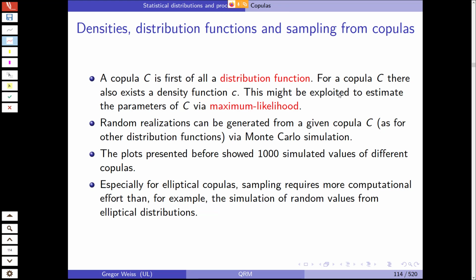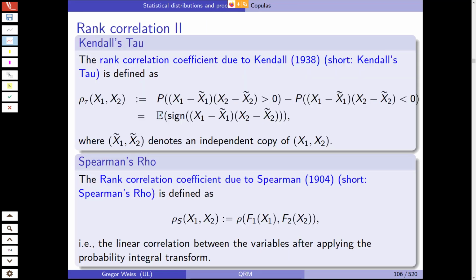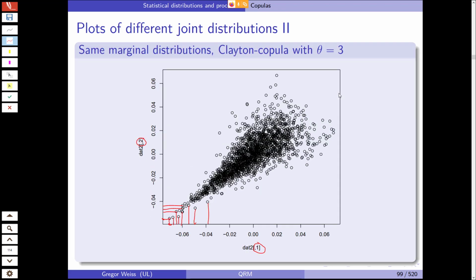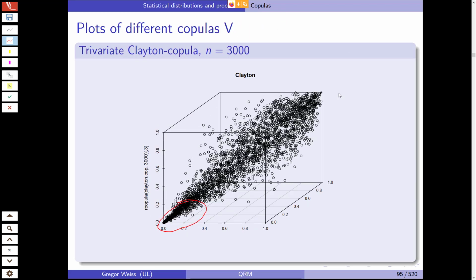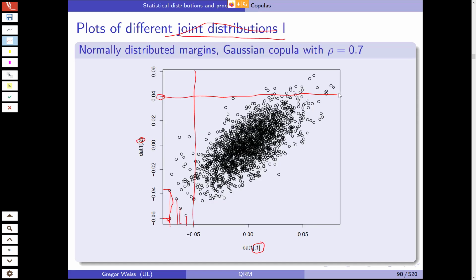Densities, distribution functions, and sampling from copulas. As you've seen, a copula C is already a distribution function, and for a copula C there also exists a copula density. Therefore, we can also exploit maximum likelihood as a principle to estimate the parameters of C. We can also generate random numbers via Monte Carlo simulation, and you've already seen this, because those plots of the copulas I've shown you were based on Monte Carlo simulation from a Clayton copula with certain parameters.